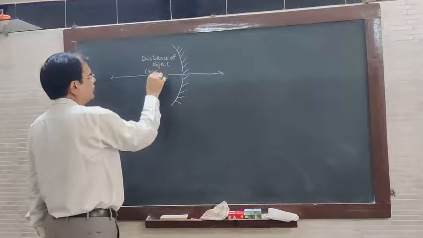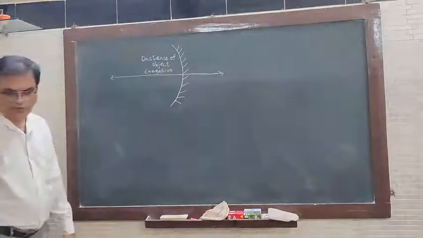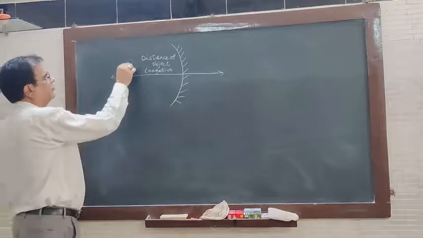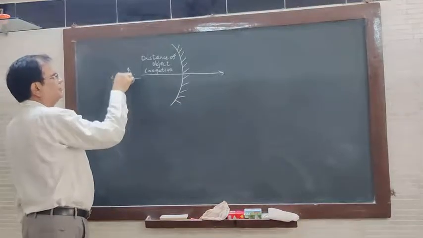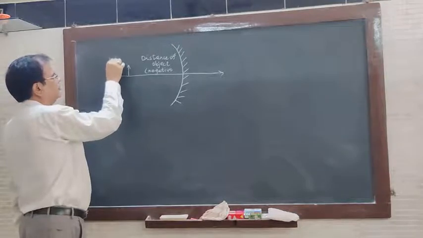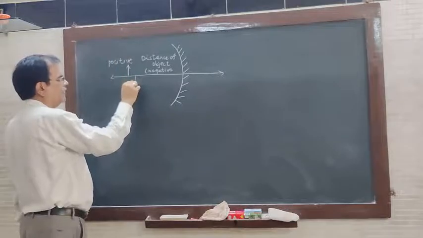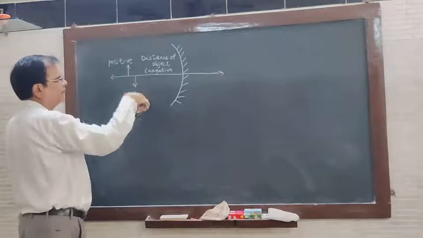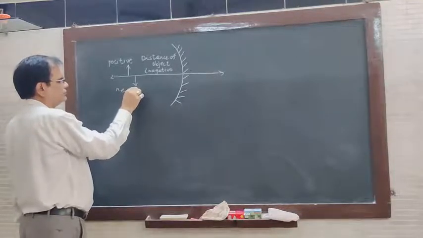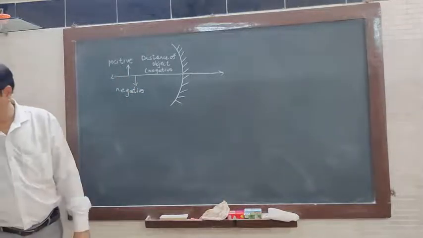So the distance of the object is always negative. Then the distance in the upward direction is always positive. If I get a real, inverted image down, this distance is taken as negative.